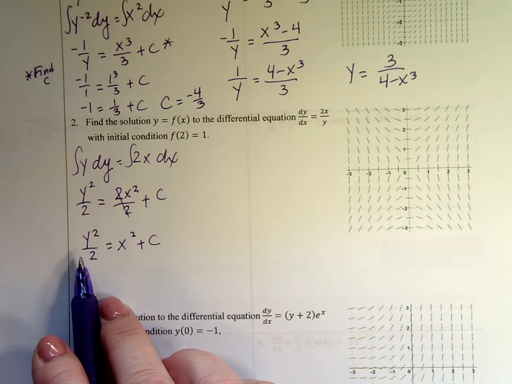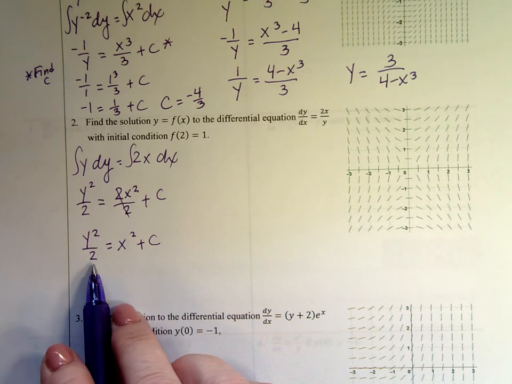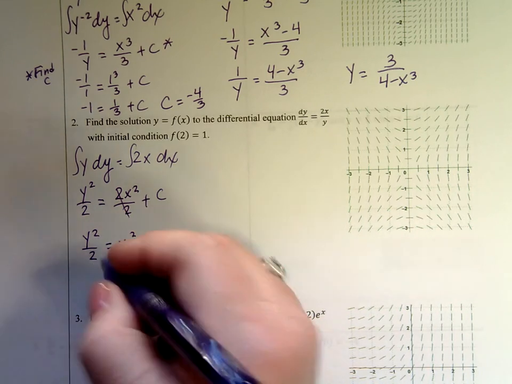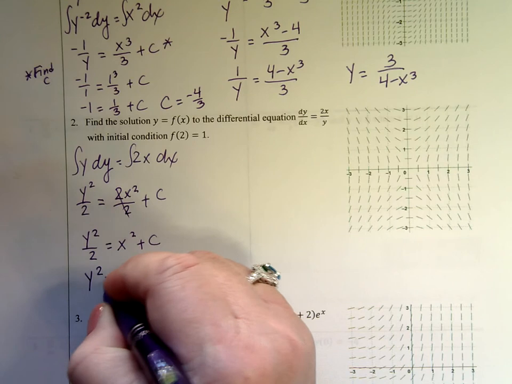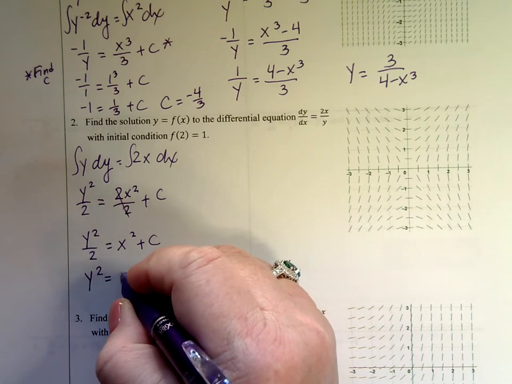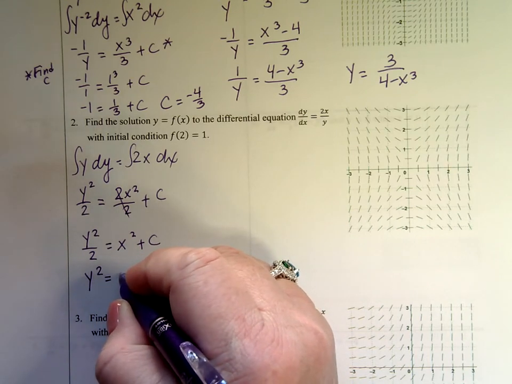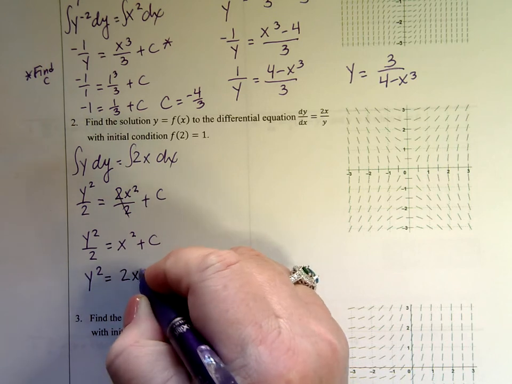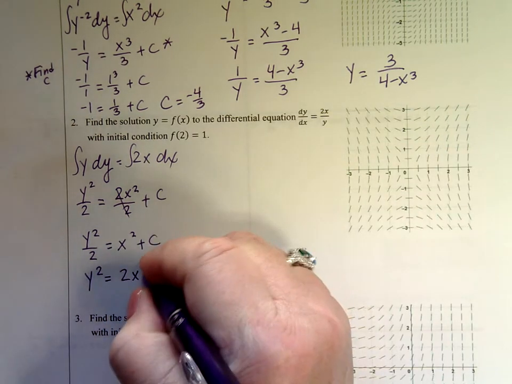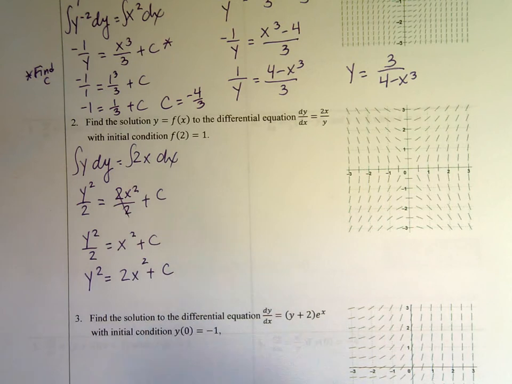I'm going to dig one more step. I want to get rid of this 2, so I'm going to multiply both sides by 2. Y squared equals 2x squared plus 2 times c is still a c.